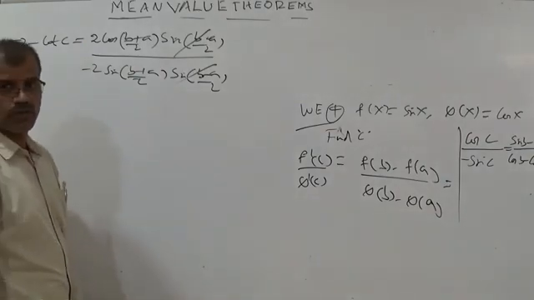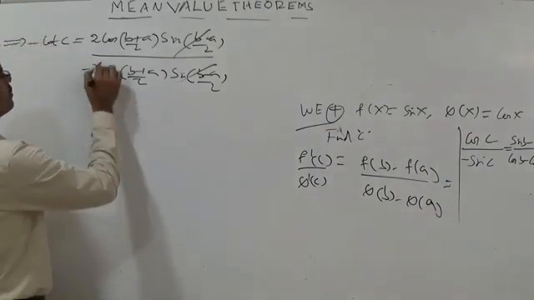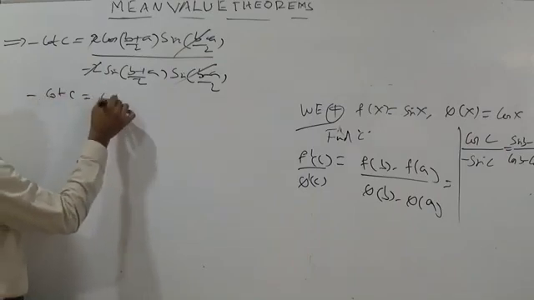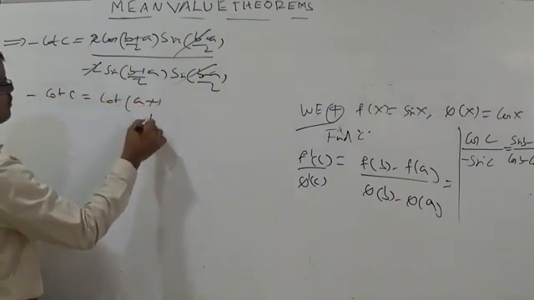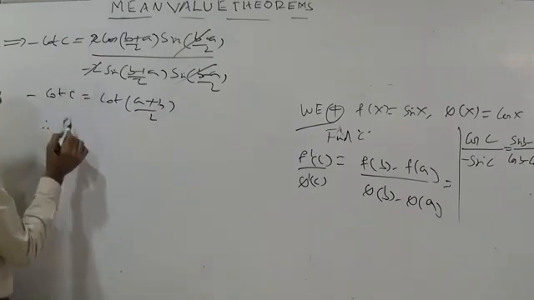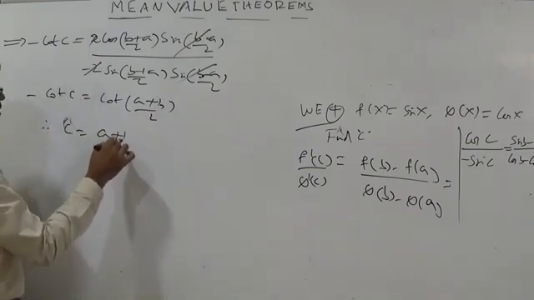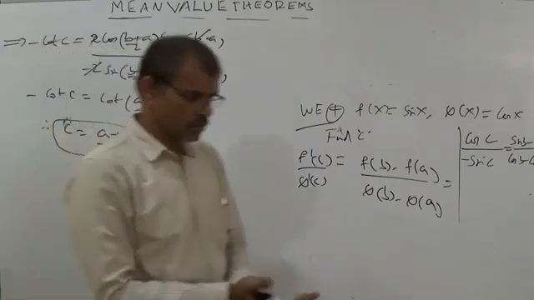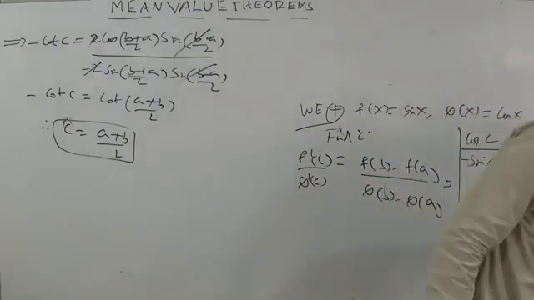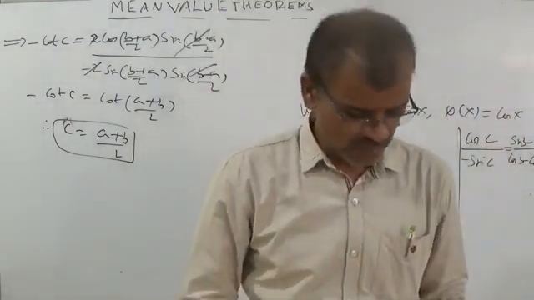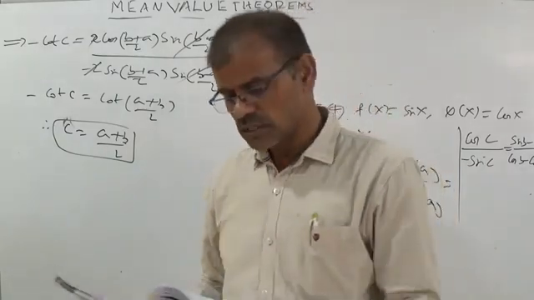Sin of b minus a by 2 got cancelled, then 2 got cancelled. So you can say that minus cot c is equal to minus cot of a plus b by 2. Therefore small c is equal to a plus b by 2. Until now we completed Rolle's theorem, Lagrange's mean value theorem, intermediate mean value theorem and Cauchy's mean value theorem.